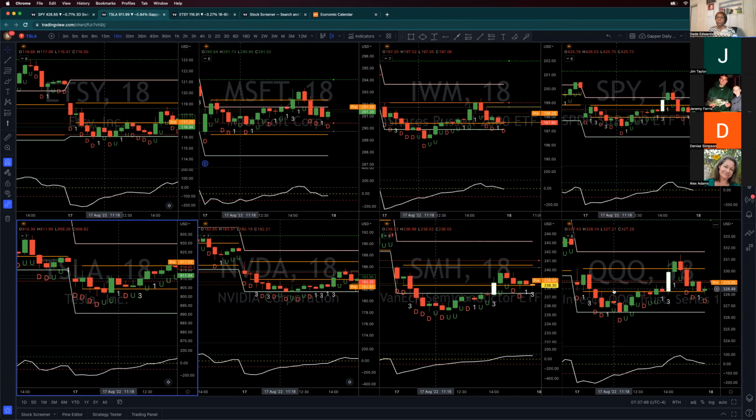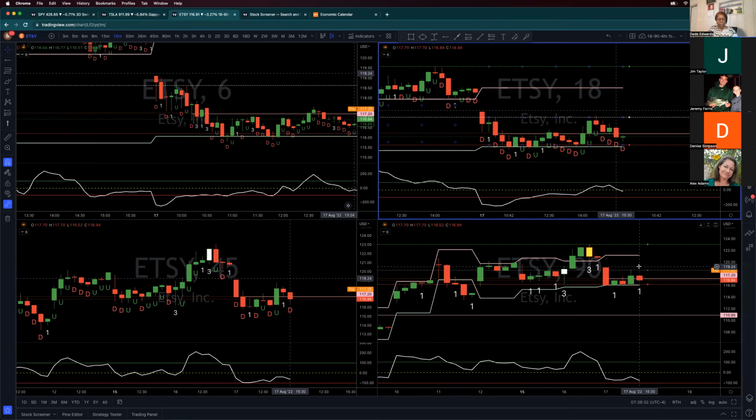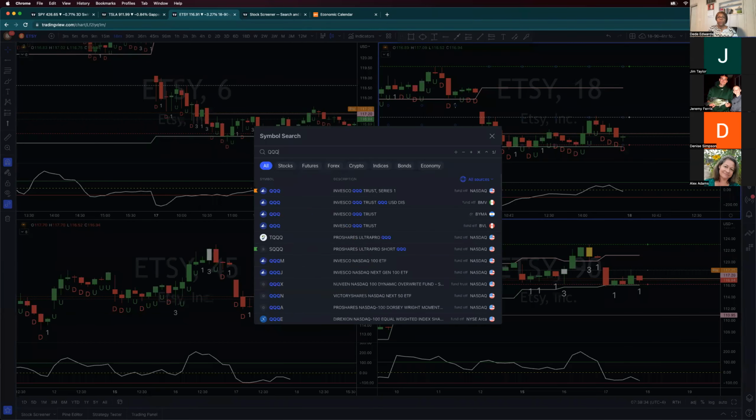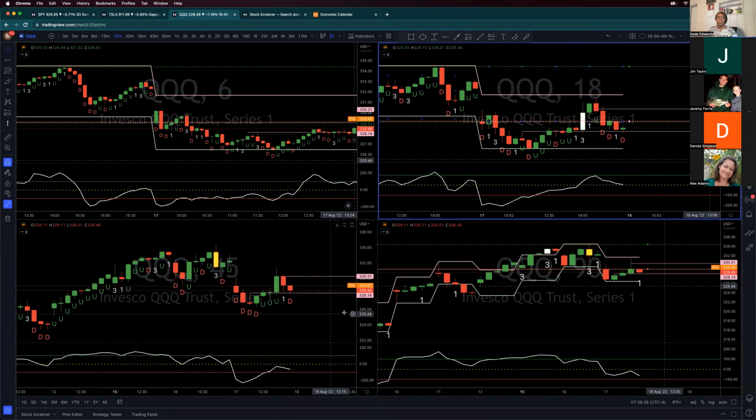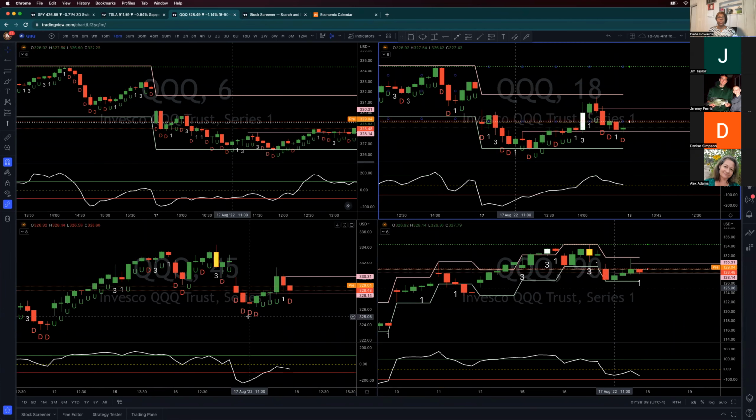So I'm not going to reverse if I'm, well, let's go back to Qs. If I'm in the Qs and I'm inside that 45, that's going to be a tricky trade. All right, so this is your 45-minute reversal. Okay, so it's 2 down. It goes 2 up, so I'm not going to take it here. It doesn't cross over.